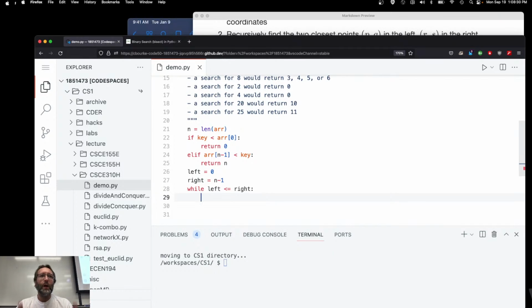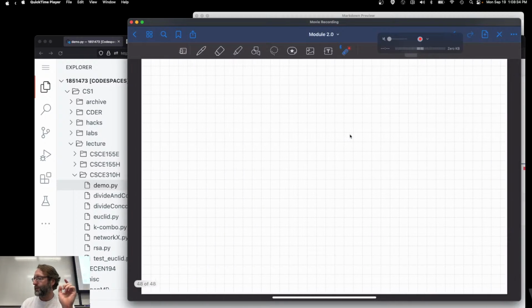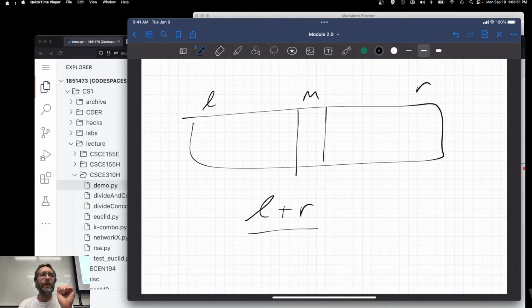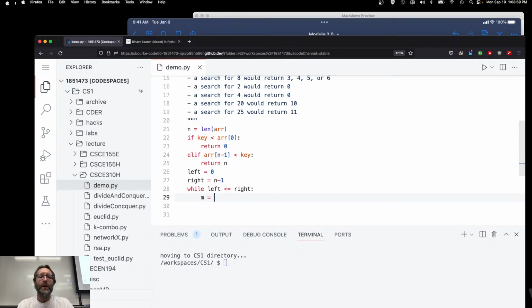First of all, I need to compute that middle element. So here's the generalized binary search. Here's my array. Here's left. Here's right. How do I get that middle index right there? Left plus right over 2, floor or ceiling, doesn't matter. You tell me about Python though. Can I do this?